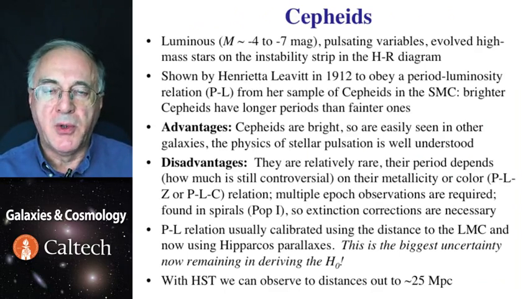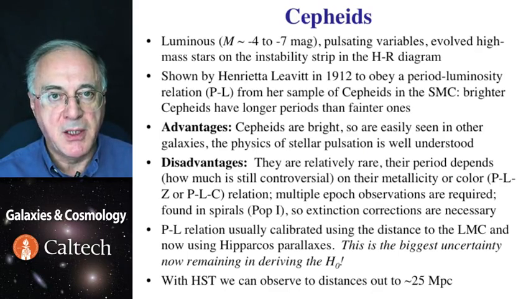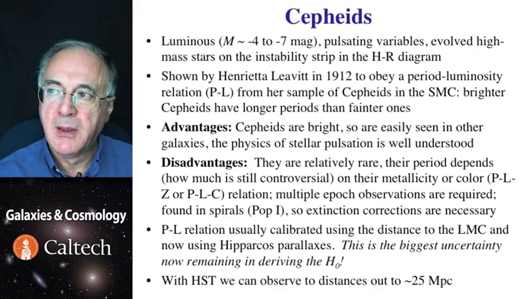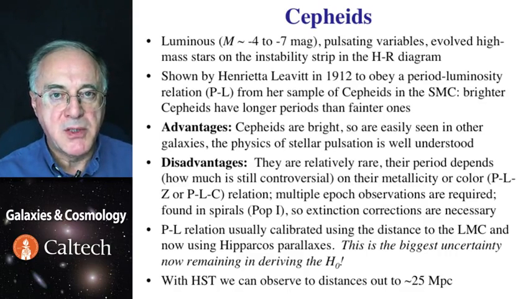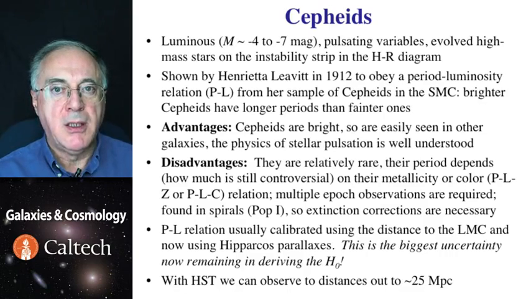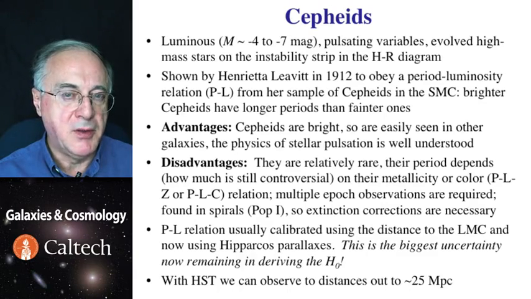Let's talk about Cepheids in more detail, because they remain among the most important distance indicators altogether. They're young luminous stars, therefore they'll be found in star-forming disks and star-forming regions, whereas Delta Cephei itself is a relatively bright one within our own galaxy.